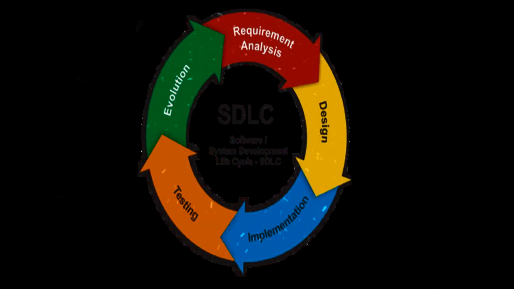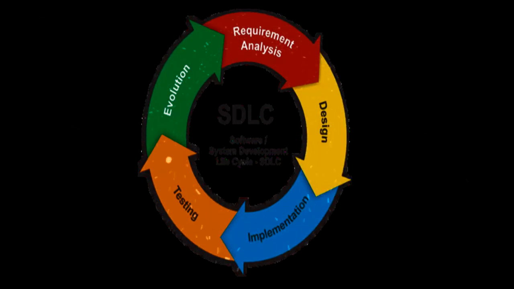SDLC models. There are various software development life cycle models defined and designed, which are followed during the software development process. These models are also referred to as software development process models. Each process model follows a series of steps unique to its type to ensure success in the process of software development.